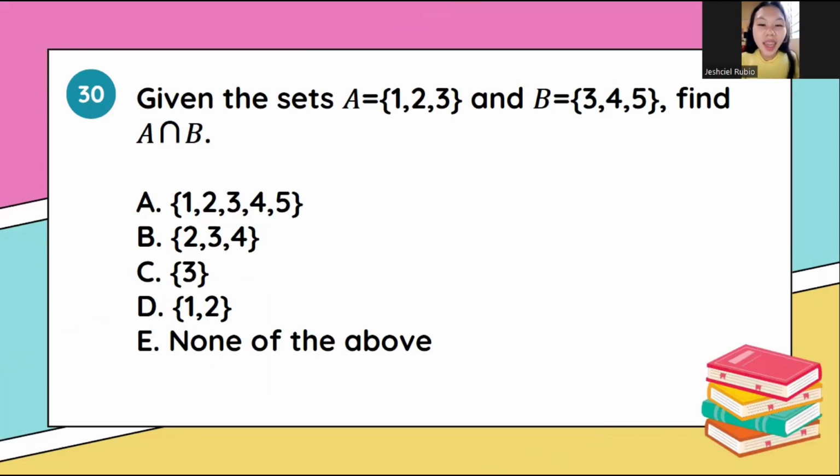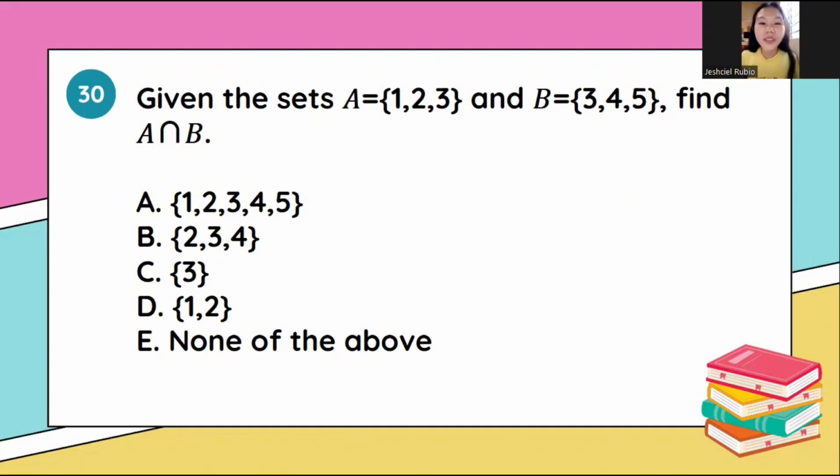Given the sets A is equal to {1, 2, 3}, and B is equal to {3, 4, 5}. So find the intersection of A and B. So A, we have the set of 1, 2, 3, 4, 5. Letter B, the set of 2, 3, 4. Letter C, the set of 3. Letter D, the set of 1, 2. Or letter E, none of the above.